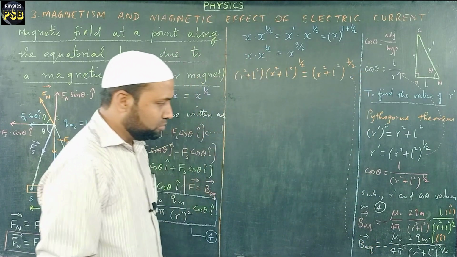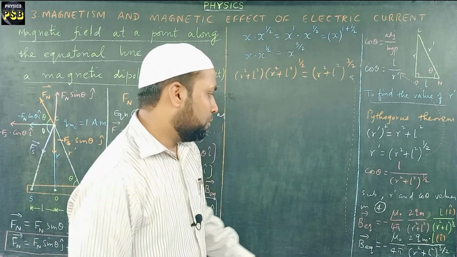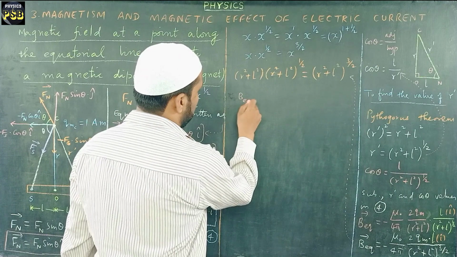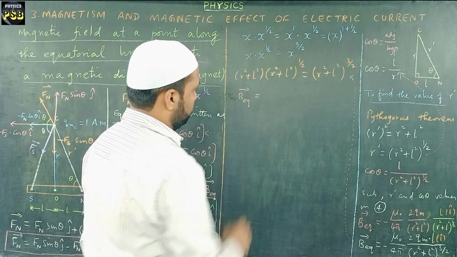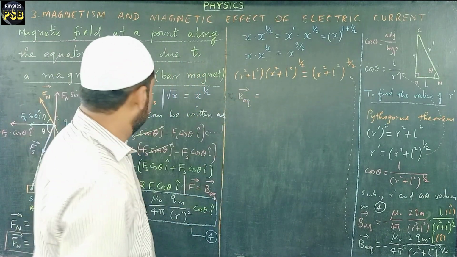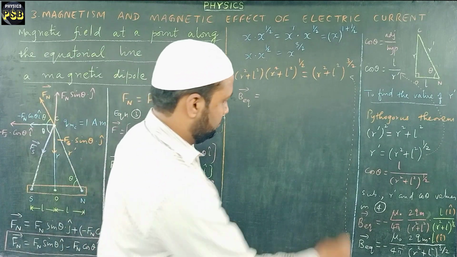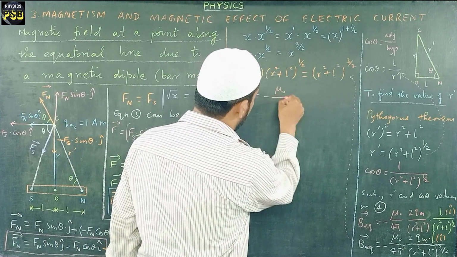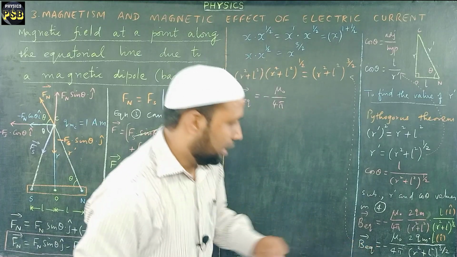Okay, the next step, I'm going to make certain changes to this equation. So here, the magnetic field at point C is minus mu naught upon 4 pi written as such.